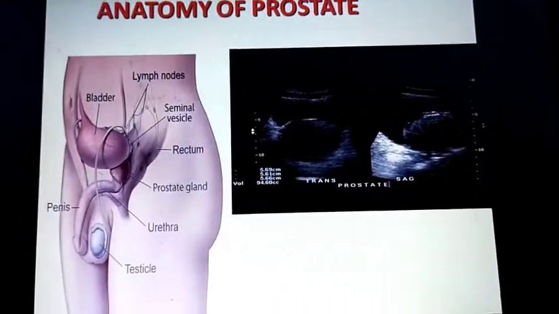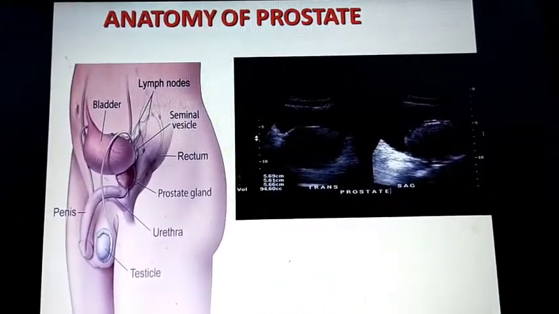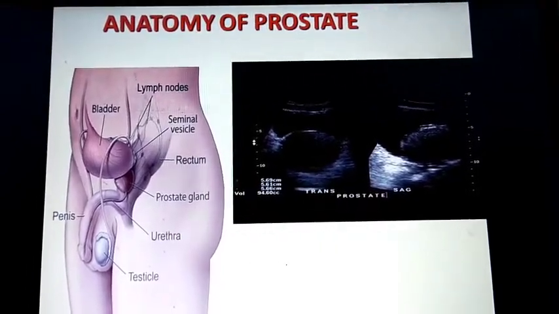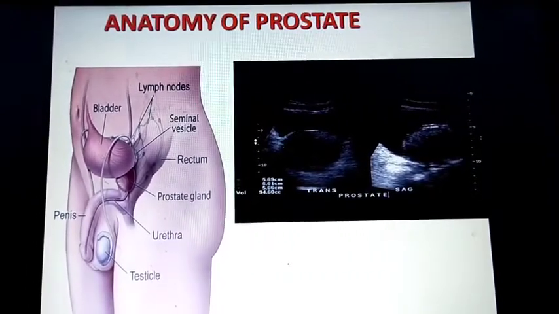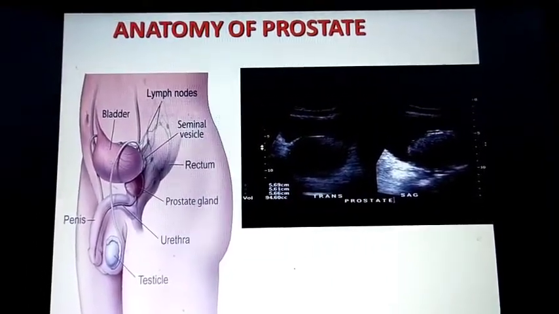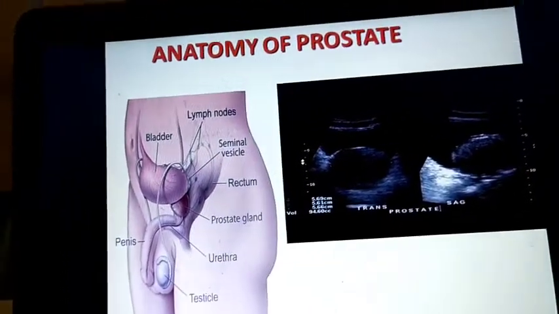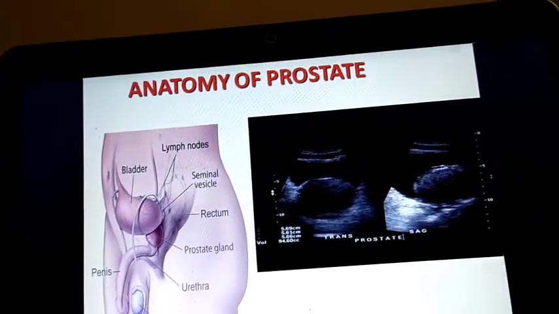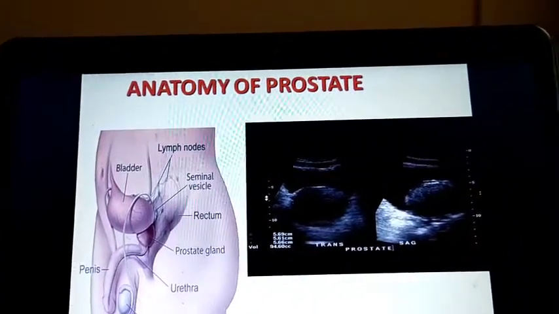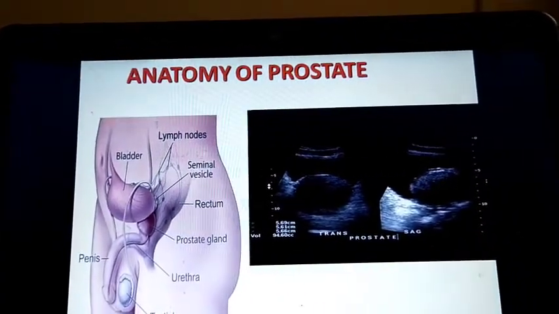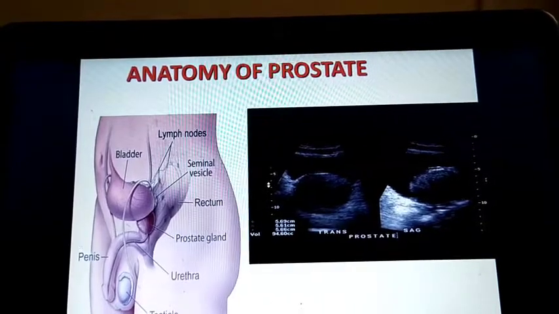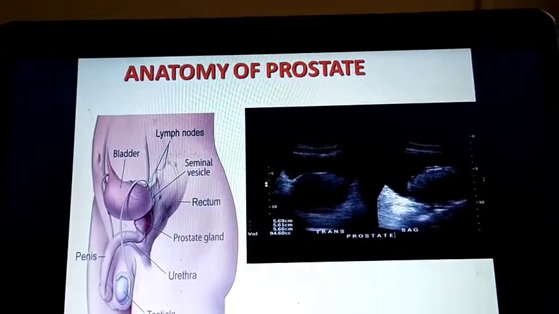Okay, actually this gland, the prostate gland, produces and contains fluid that forms a part of semen, the substance that is emitted during ejaculation as part of the male sexual response.